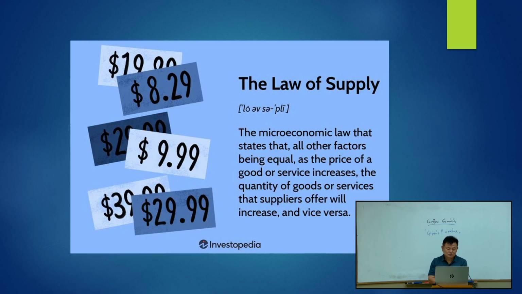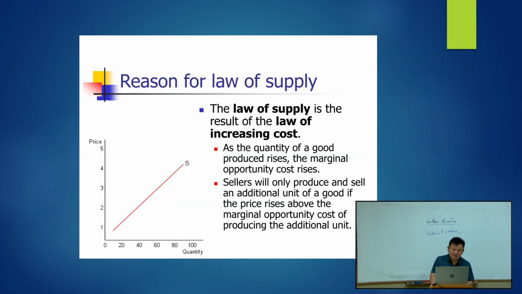From who? From the supplier. This is the supplier's product increase. This is the reason. That is the law of supply. What is the reason for the law of supply?